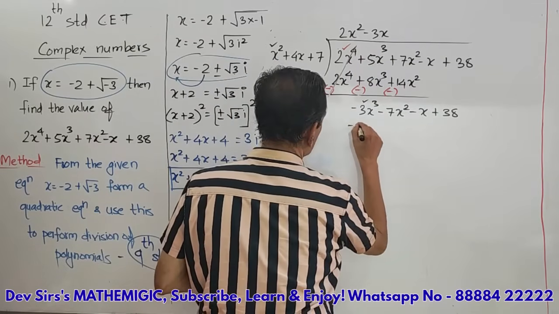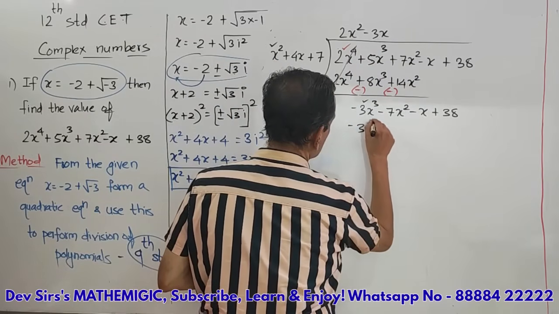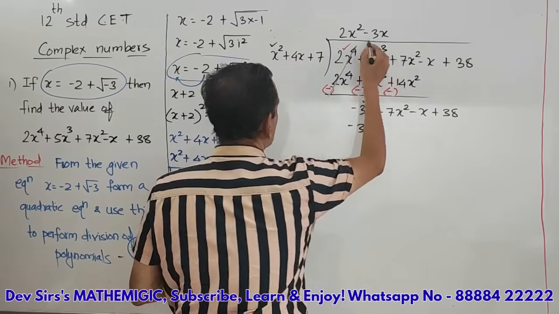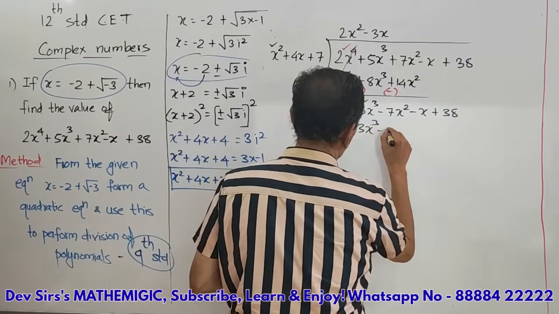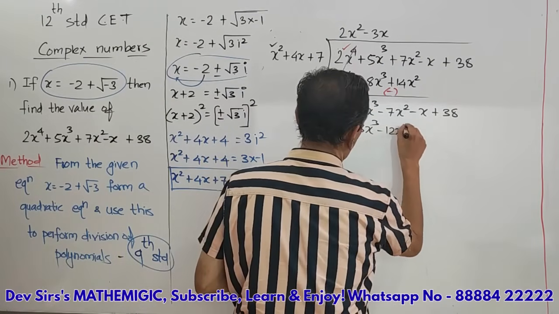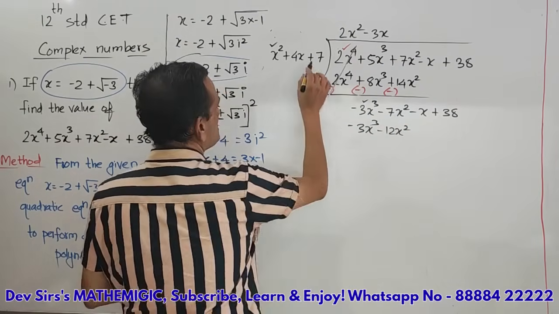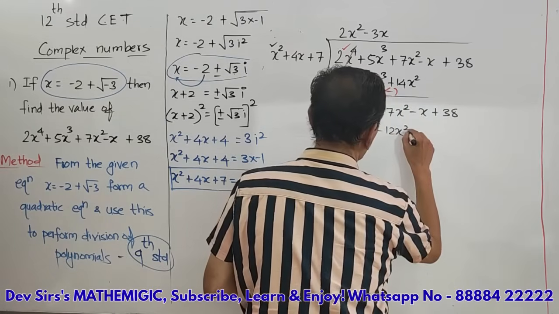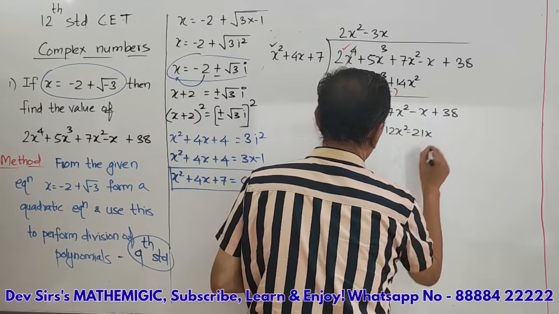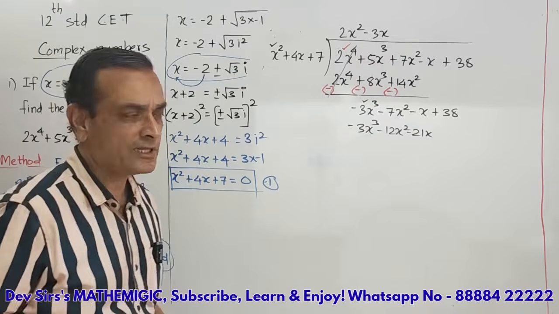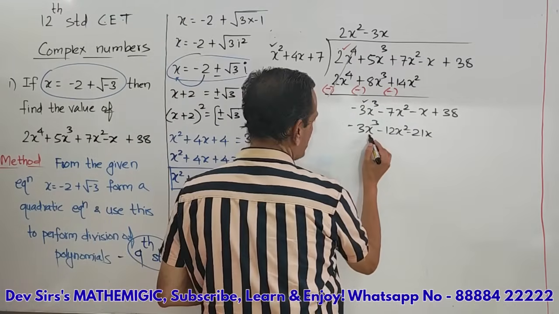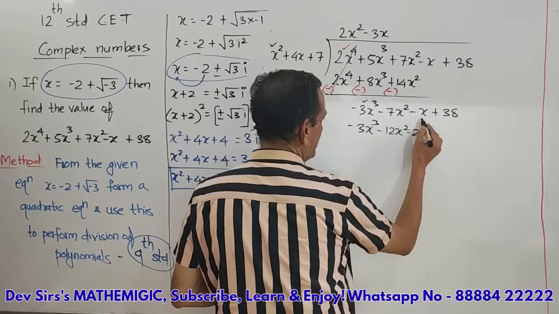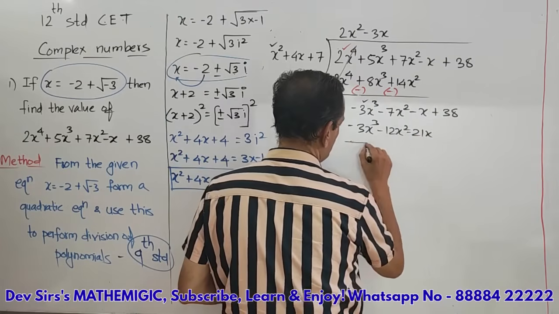So as I said, this term gets repeated because it is going to cancel. -3x into +4x. 4 into -3, -12x². 7 into -3, -21x. Don't write +38 now. Just see to it that below x³ we should have x³, below x² x², below x, x.